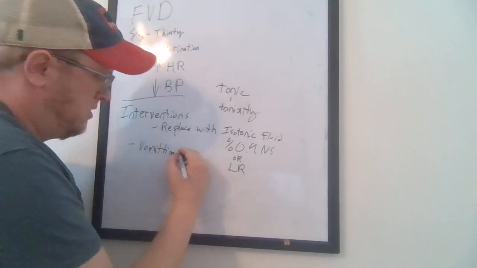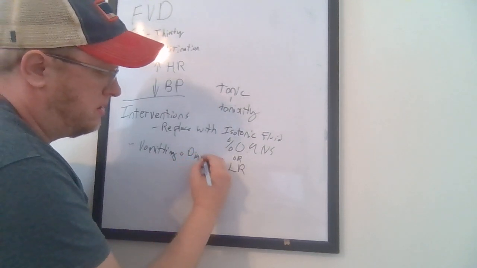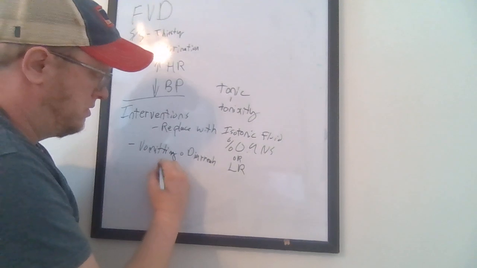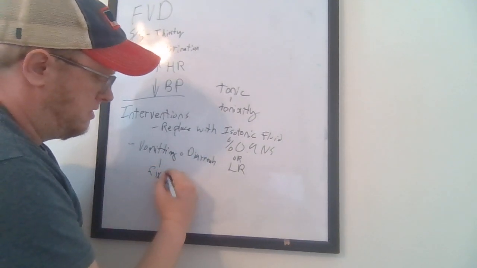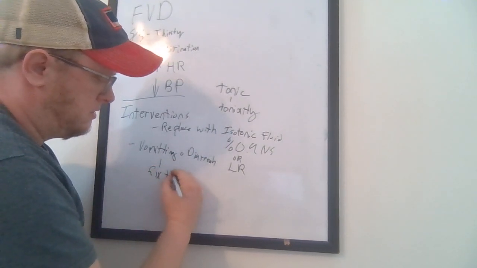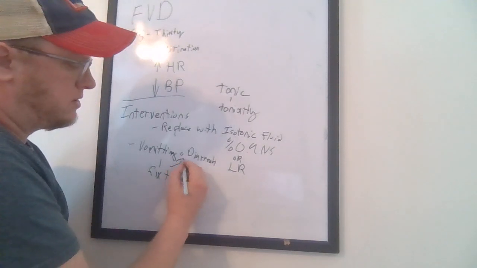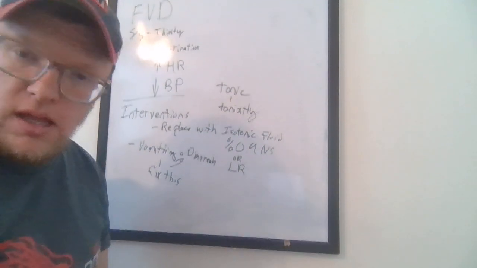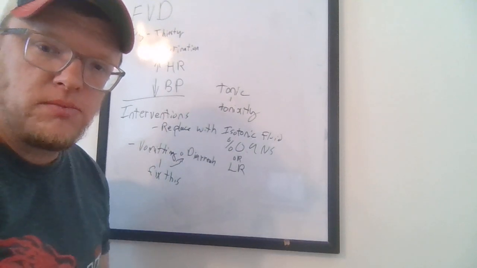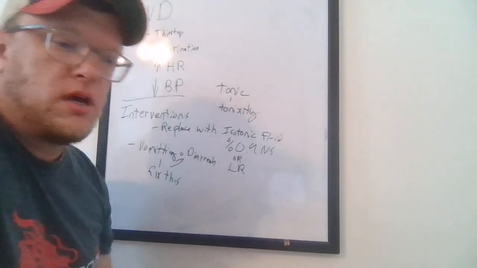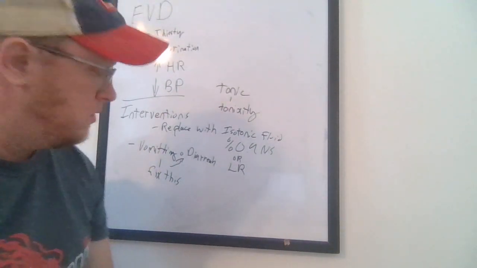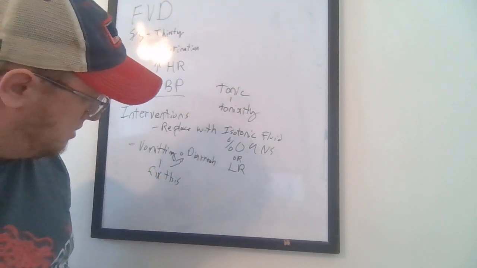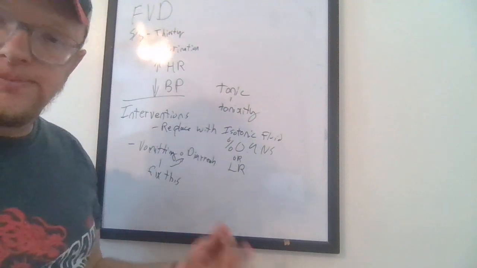You want to fix whatever's causing that. So in a nutshell, you replace the fluids, and if there's a reason behind why they lost the fluids, you'll fix that. You'll treat that. You might give them medication to slow down the diarrhea. You might give them medication to make them stop vomiting or whatnot.